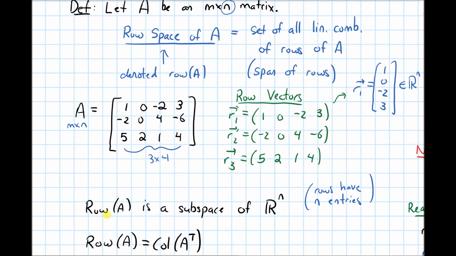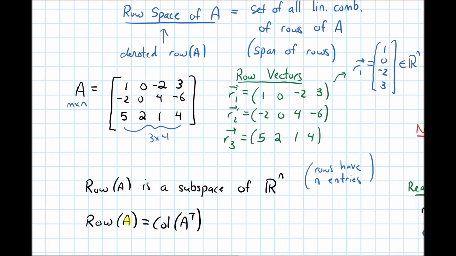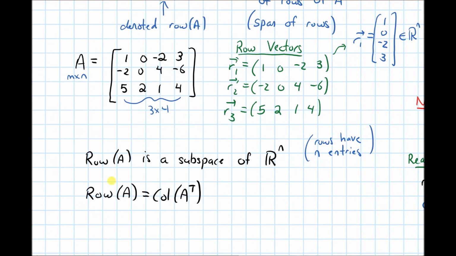Okay. Another way that we can think about the row space is noticing that talking about the span of the rows is the same thing as forming A transpose and talking about the span of the columns of A transpose. Let me write it out so we can see it. If I form the transpose of this matrix, that interchanges the rows and the columns. So the first row of A becomes the first column of the transpose: 1, 0, -2, 3.